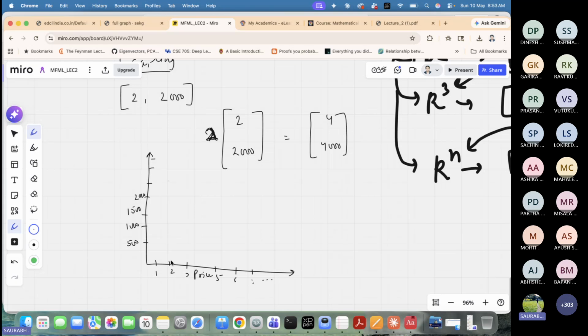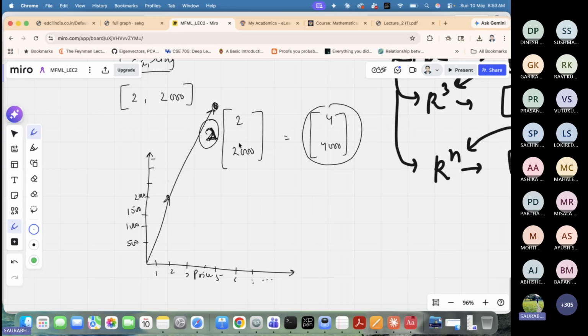Now you have a 2 crore house at 2000 square feet. Your vector is here. When we scale this vector, multiplying it by the number 2, it gets shifted to a new point. The new point is 4 and 4000. So you have 4 somewhere here, and 4000 somewhere there. So it will get scaled like this. This is the new point, 4 and 4000.